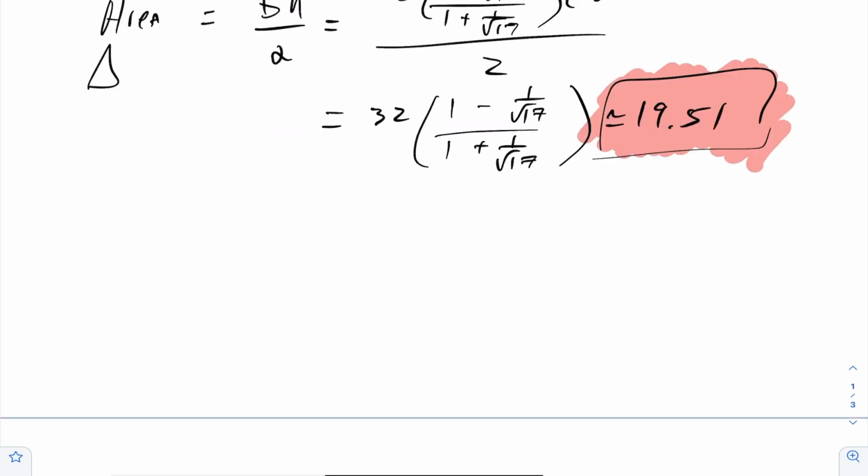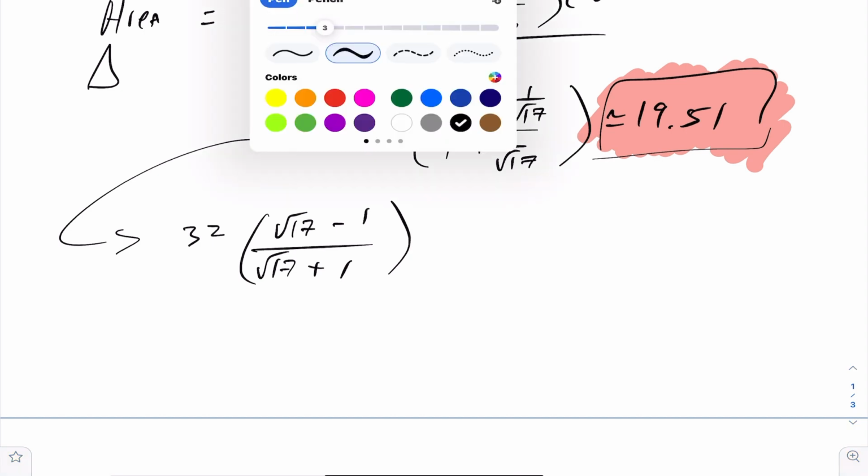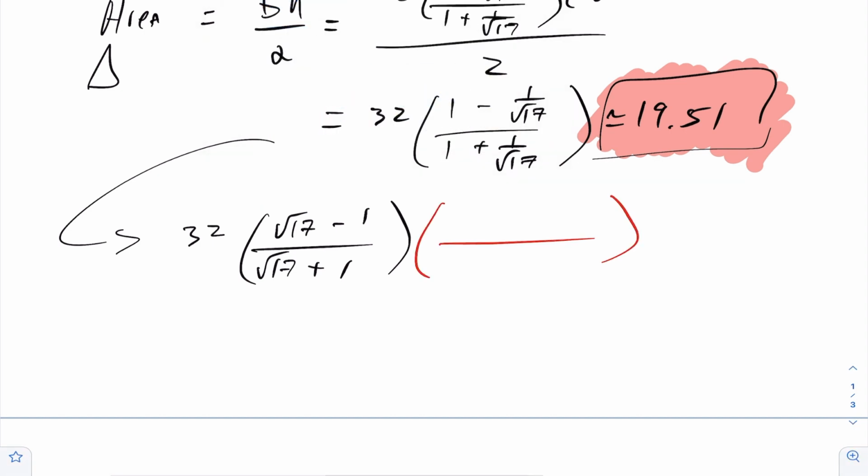If you are looking for an exact value, we can go ahead and rationalize the denominator. So you can rewrite this as root 17 minus 1 over the root of 17 plus 1. Then I can multiply the top and bottom of this by root 17 minus 1.